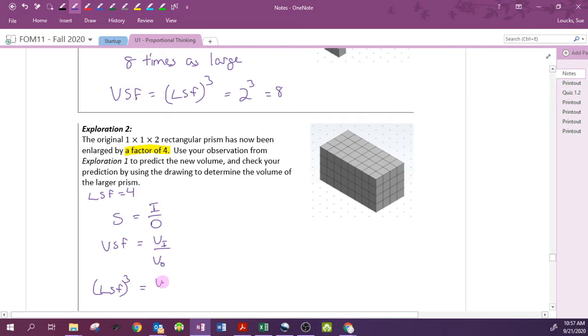So I'm going to have 4 cubed equals the volume of the image over the volume of the original, which was 2, which we got from above, okay?